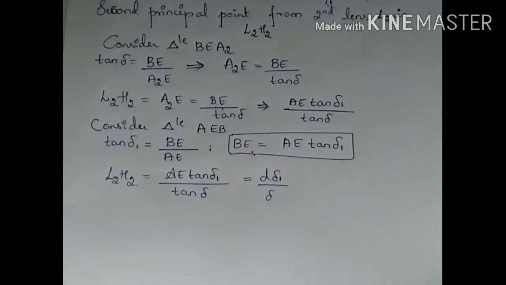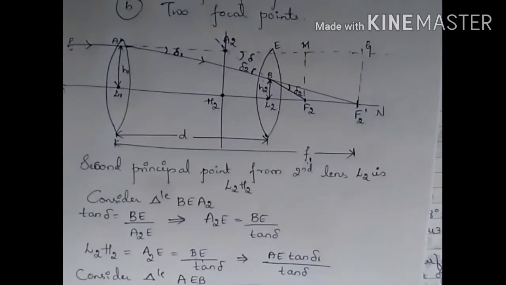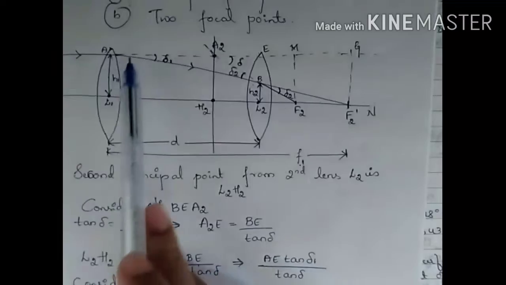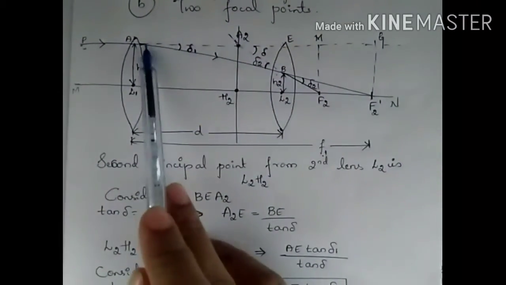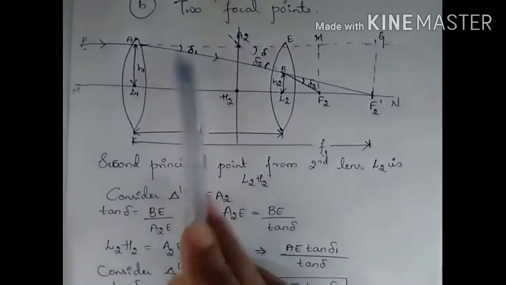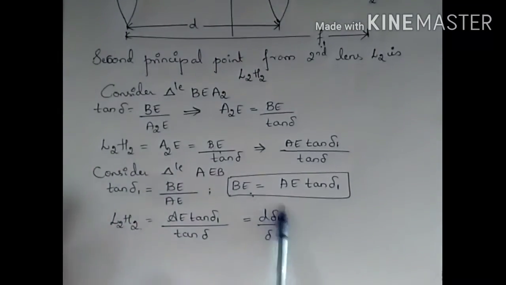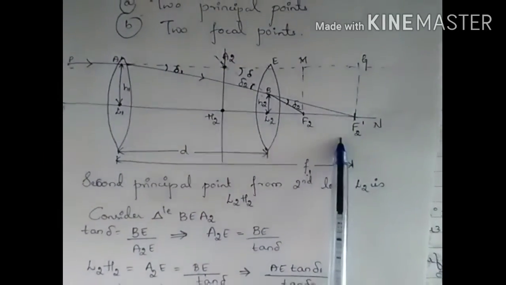Now let us replace this delta 1 with another term. For that, consider the triangle AGF2 prime. You have a triangle AGF2 prime with the angle delta 1. Since we have delta 1 here, we are considering this triangle AGF2 prime.